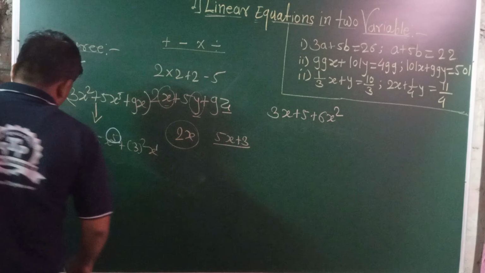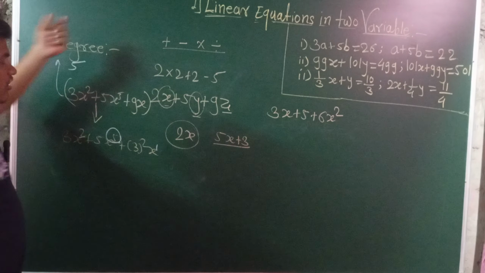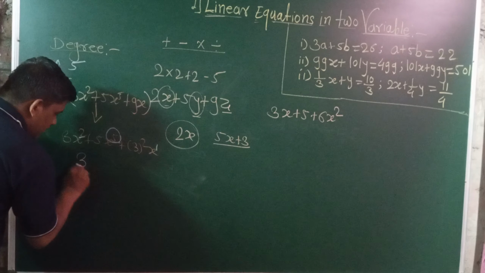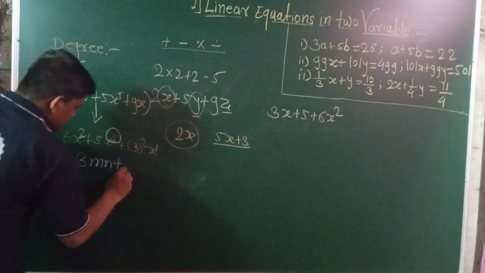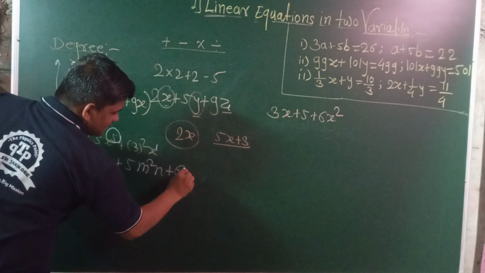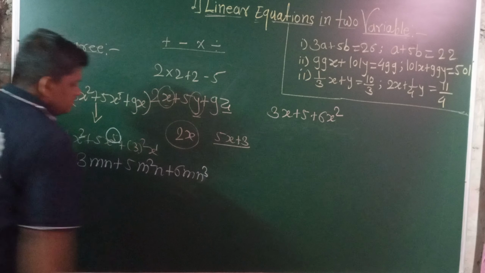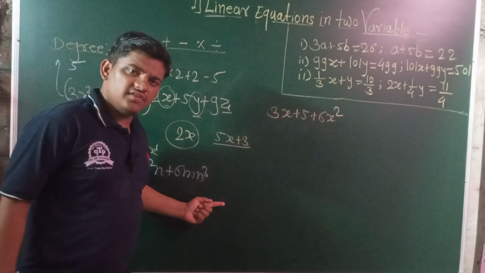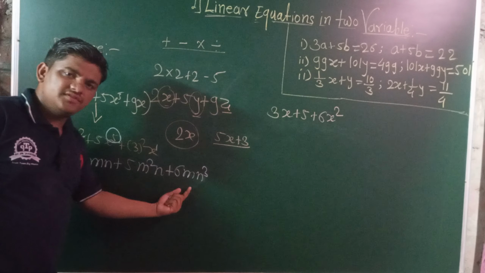I will represent another equation, which you must recall from polynomials: 3mn plus 5m square n plus 6mn cube. This is a single equation which has different terms.